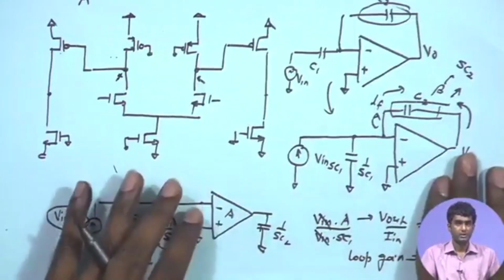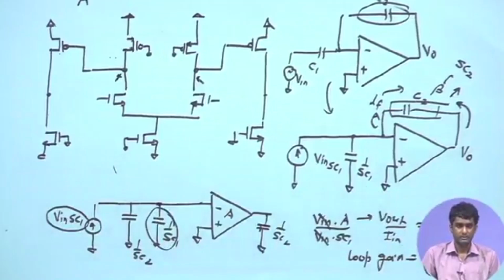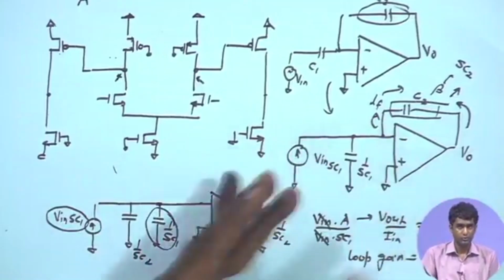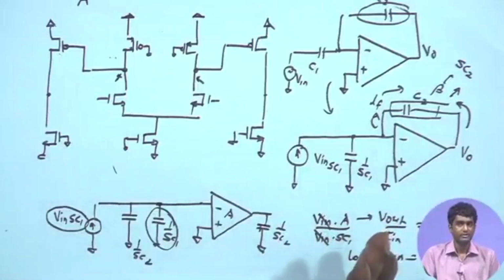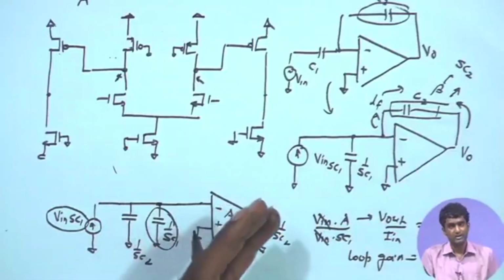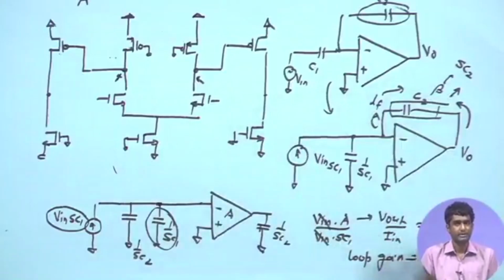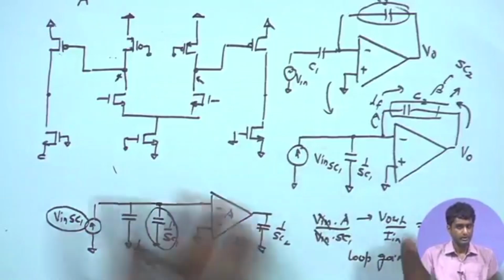I hope the feedback operation is clear, how we are opening the loop and looking at the amplifier as a current to voltage converter, then finding out the current to voltage gain, and then multiplying it with the feedback factor beta to get the overall A beta, that is the open loop response. That part should be clear.